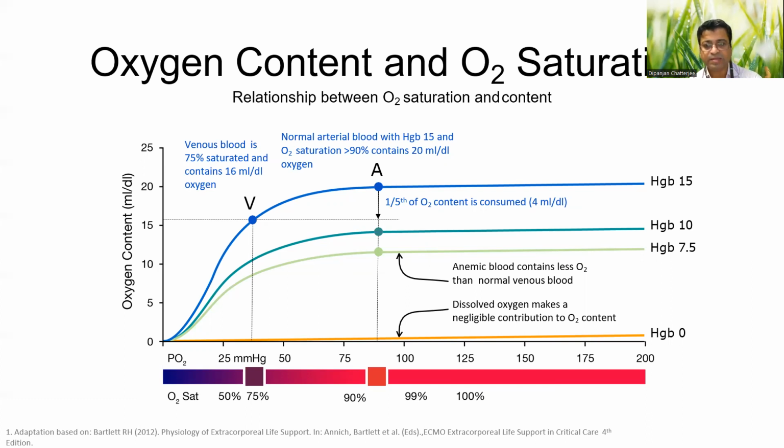And we can see that the arterial blood oxygen content in the anemic patient is less than the venous content in patients with a normal hemoglobin level. So you can very well imagine that even the blood in the anemic patient may be bright red, but its oxygen content is very low. Hence, to carry oxygen to the tissues, we need adequate hemoglobin in blood.